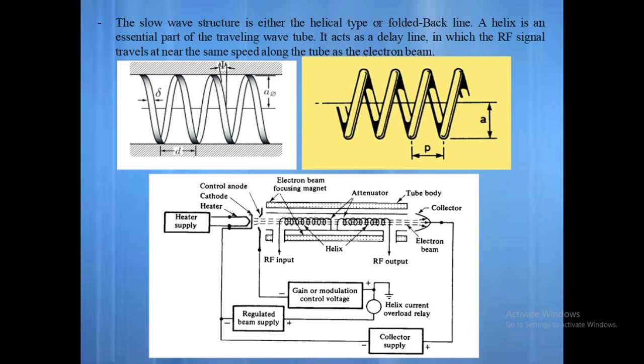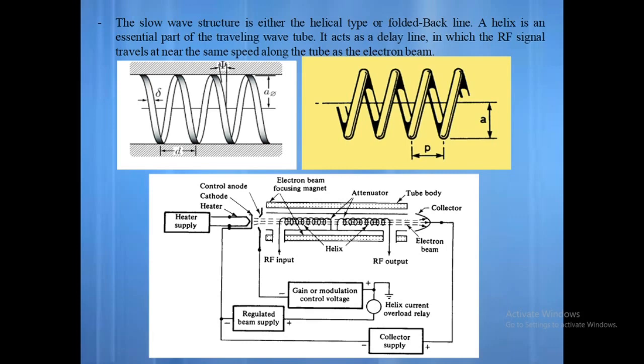Next, what is the helical structure which we are using in traveling wave tubes? The slow wave structure is either helical type or folded backward line, which will be shown later. A helix is the essential part of the traveling wave tube. It acts as a delay line, meaning it is used to propagate the signal with a certain delay, in which the RF signal travels at nearly the same speed along the tube as the electron beam.